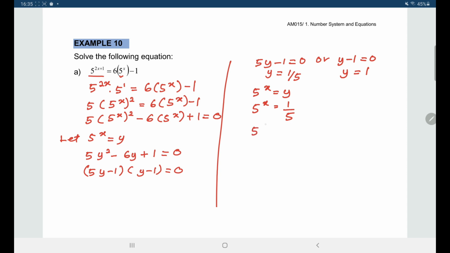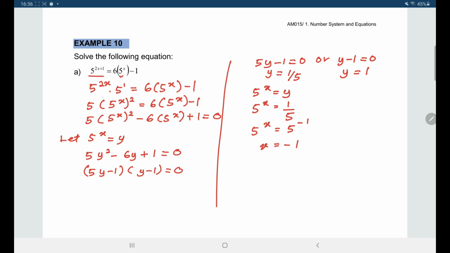Okay, we know that 1 over 5 equals to 5 to the power of negative 1. Okay, since the bases are the same, we equate the index. So x equals to negative 1.